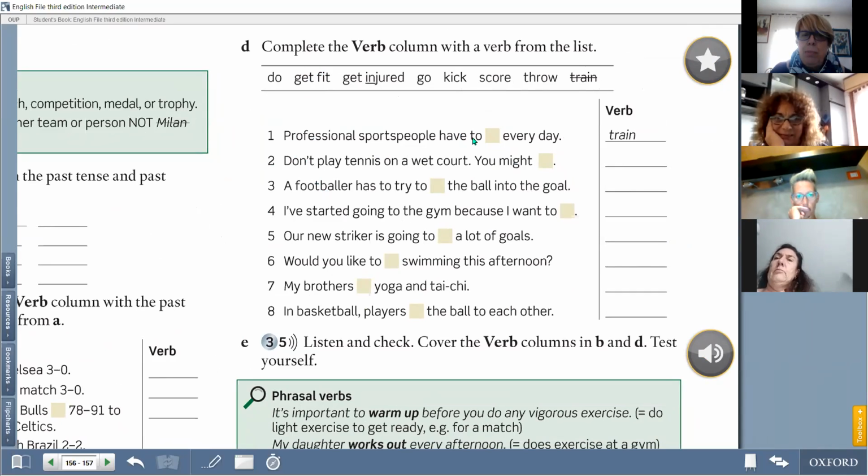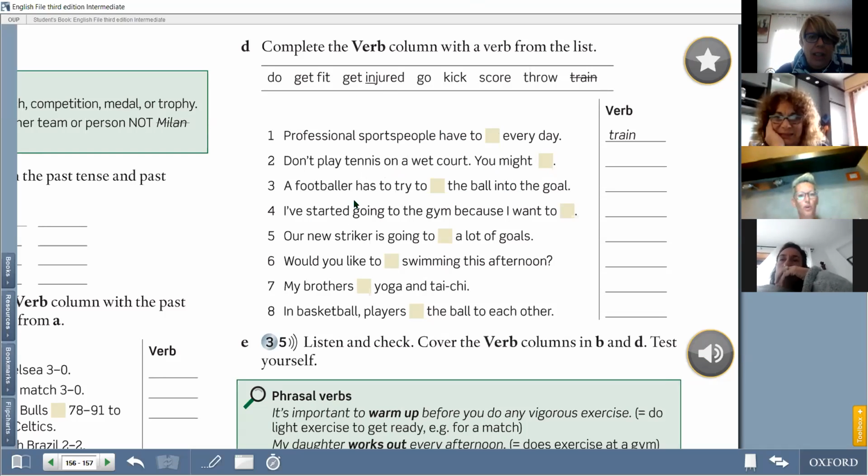Professional sports people have to train every day. Ok, go ahead, Anna. Don't play tennis on a wet court. You might get injured. Yes, get injured. Very good. Yes, you can hurt yourself.